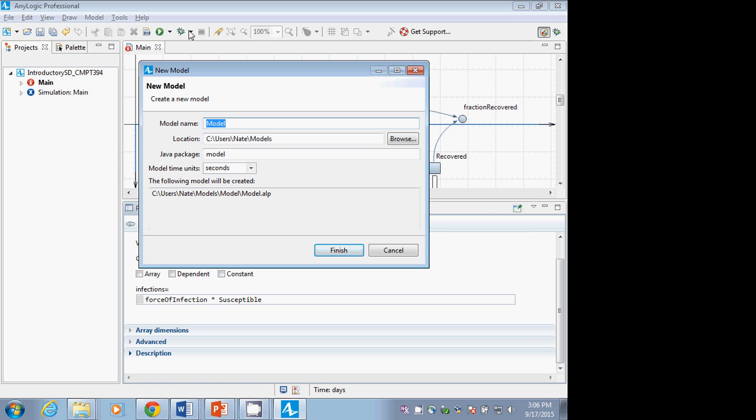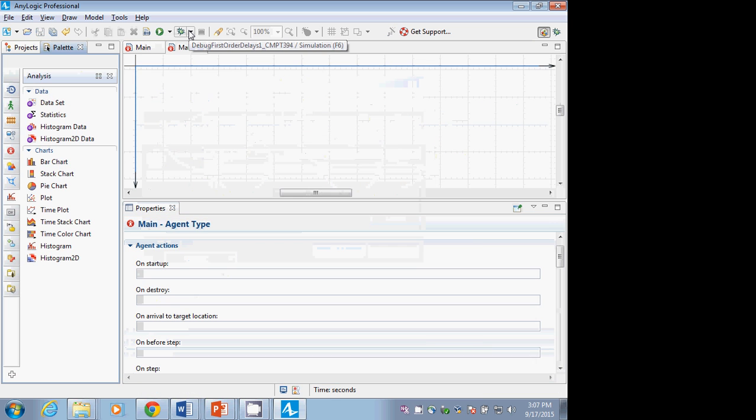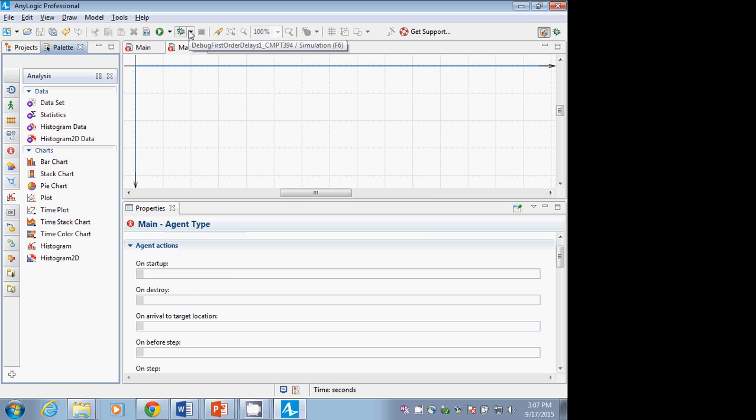You can keep this one around if you want to, but we're going to build up a new model involving some simpler mechanisms, some mechanisms that will be a little bit easier to understand. So, ladies and gentlemen, call up a new model and call it first order delays 1. And I'm going to call it, for me, CMPT 394 here at the end.